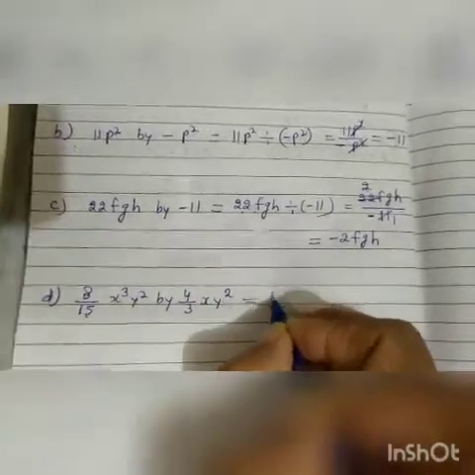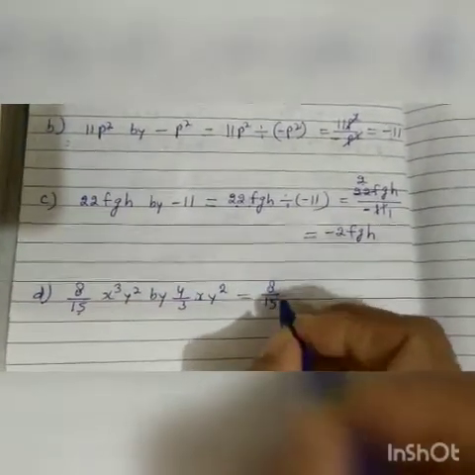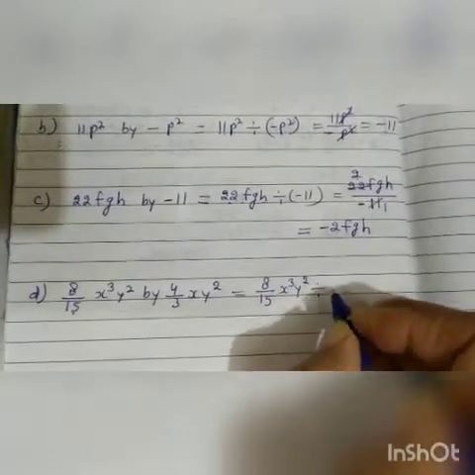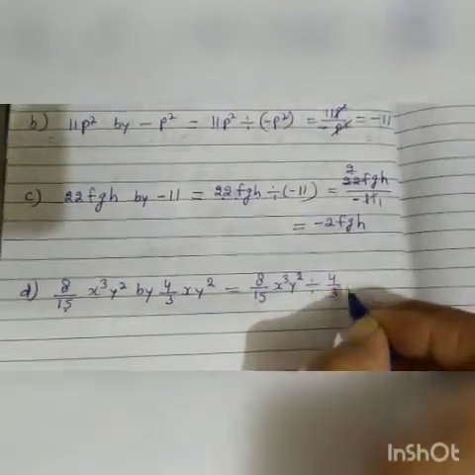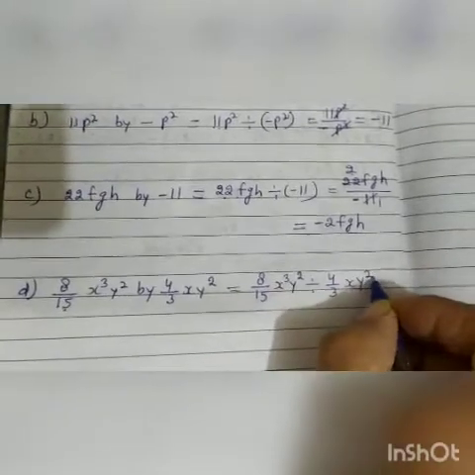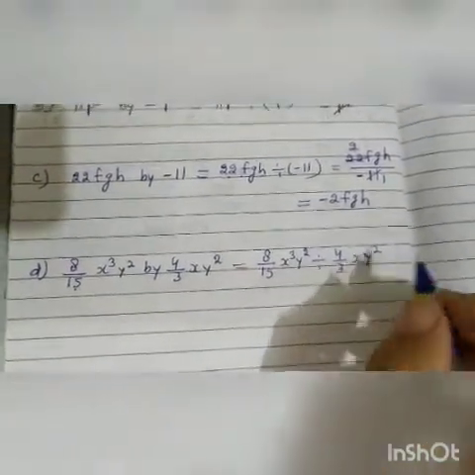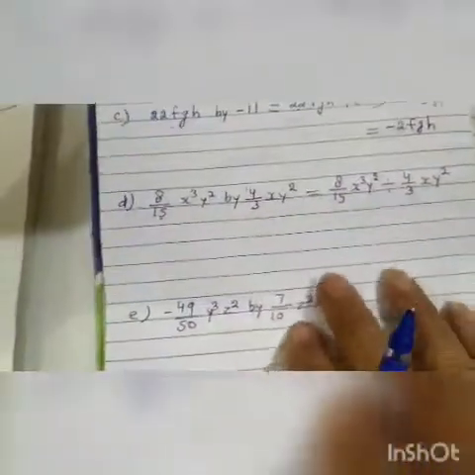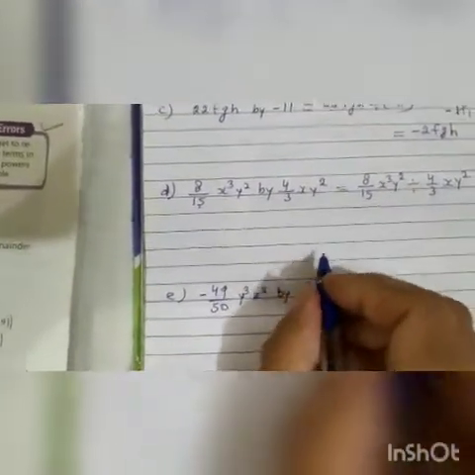Now here 8 upon 15 x cube y square. We have to divide 8 upon 15 x cube y square by 4 upon 3 x y square. So how will we write it? Yes, we will write it like this.